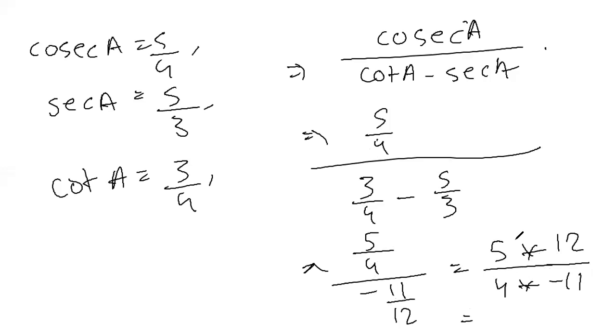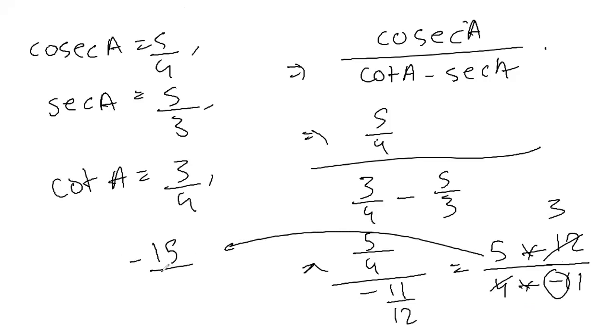So 4 1s are 4, 3 4s are 12, so 5 3s are 15 upon 11, and don't forget the negative sign. So the answer to the ninth question will be minus 15 upon 11. We'll move on to our next question.